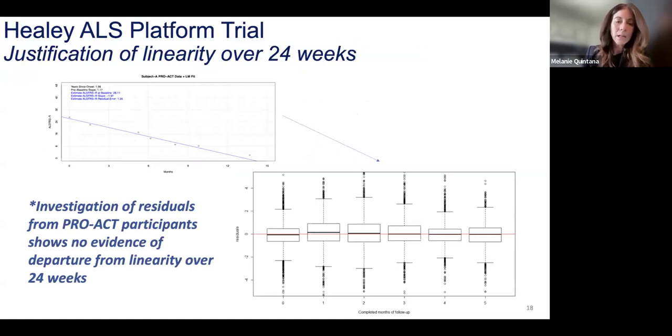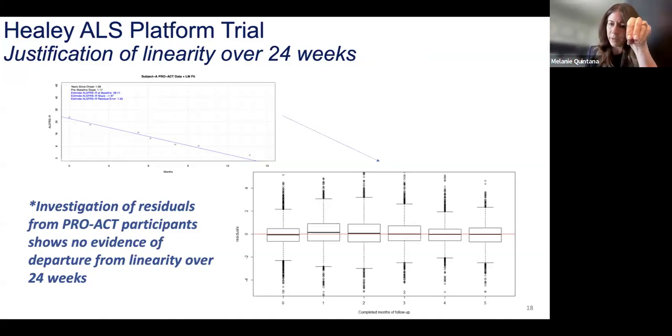And how we assess linearity is that we'll, again, fit these linear curves to each participant. And we'll look at what's called the residuals. That's the distance between that curve and the observed data. And if there is no evidence that we are departing from linearity, that would mean that our residuals would all be centered around 0, which they are here across all of the visits, and that the variability of these residuals would all be common.